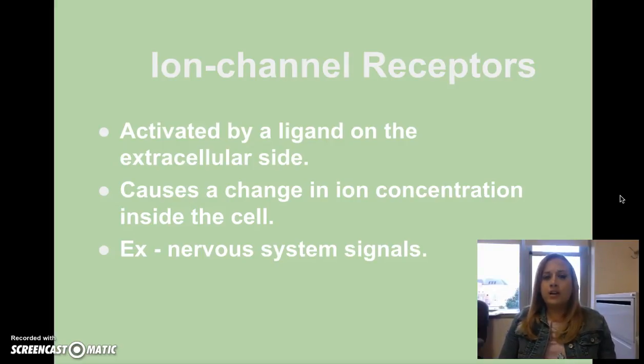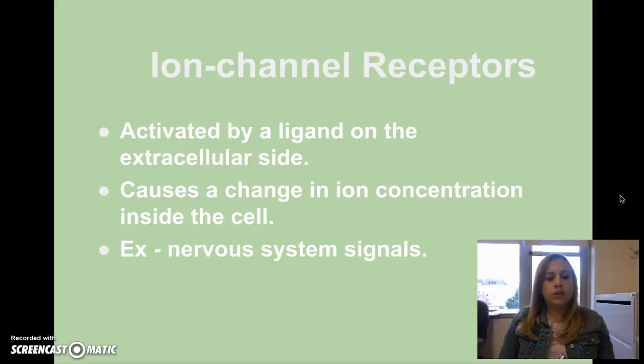So we have that signal binding on the outside of the cell, and it causes a change in ion concentration inside the cell. Once that ligand binds, this protein channel will allow ions in, and once ions are allowed into the cell, it will change the concentration of the ions in the cell.